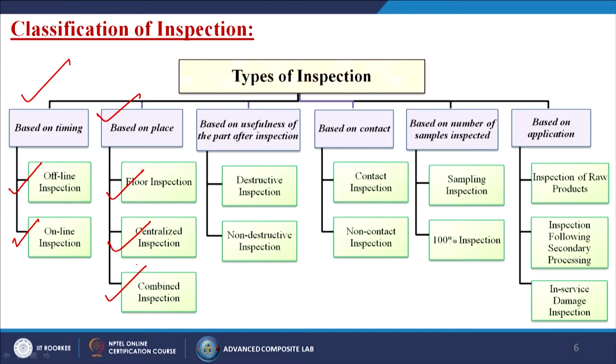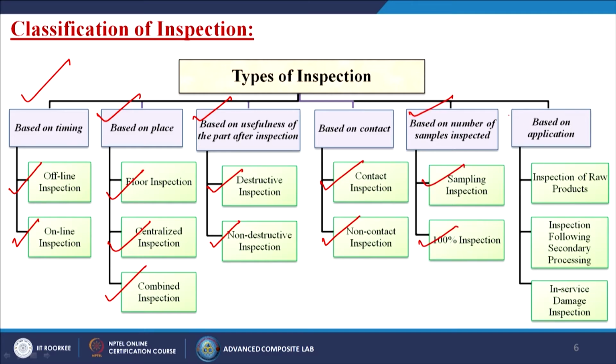Then the third one is based on usefulness of the part after inspection, either destructive inspections or non-destructive inspections. Based on contact, whether it is contact inspections or non-contact inspections. Based on number of samples inspected, sampling inspections or 100% inspections.